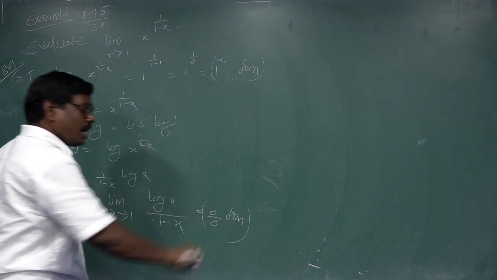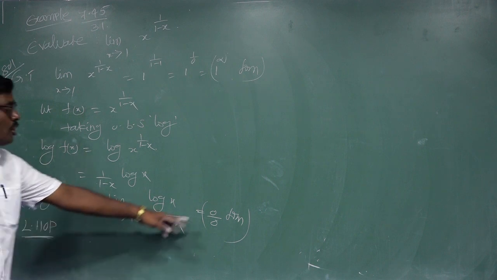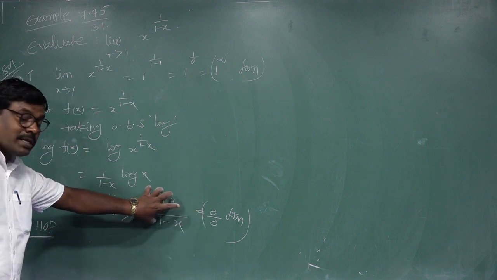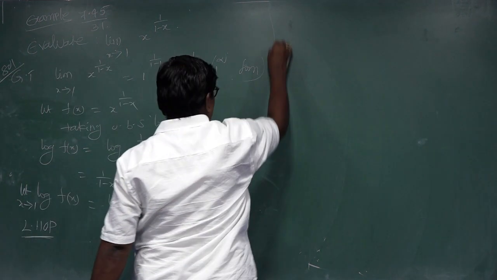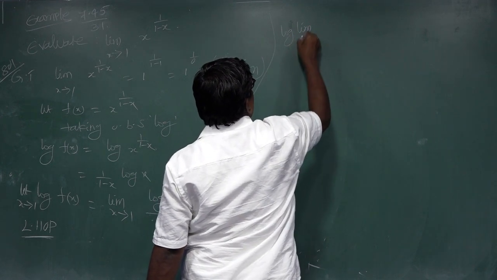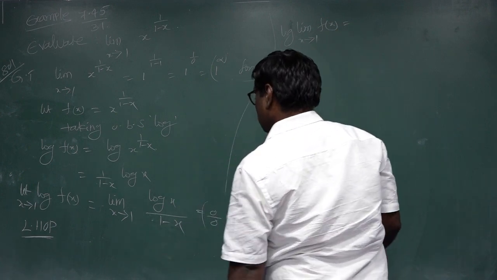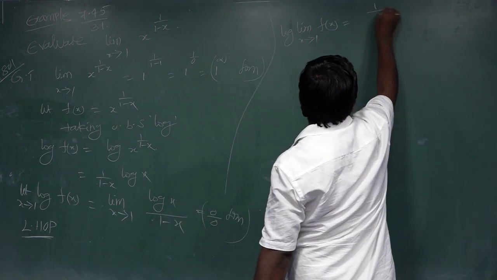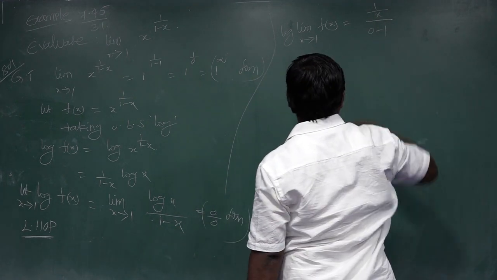Use the L'Hospital rule: the derivative of log x is 1 by x, and the derivative of 1 minus x is minus 1.